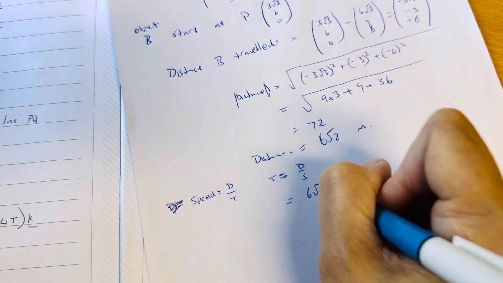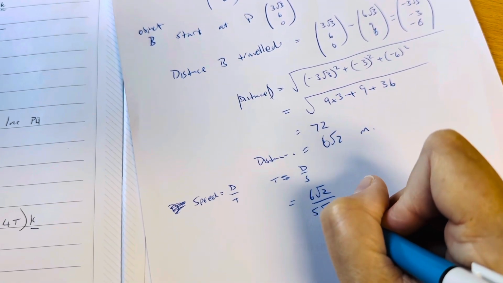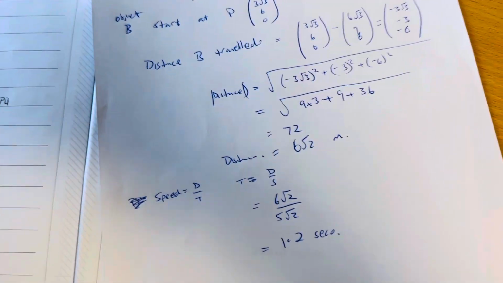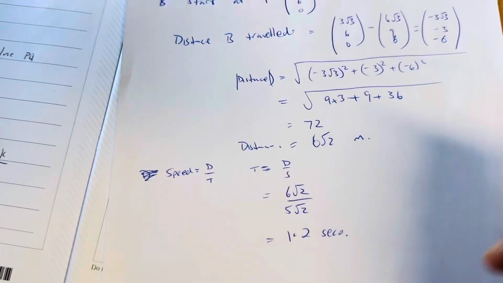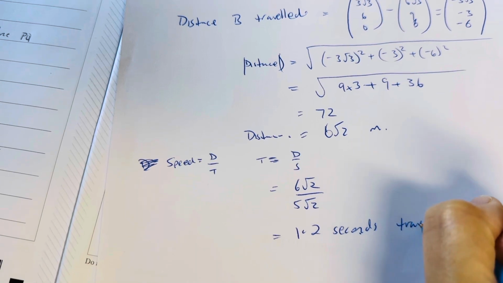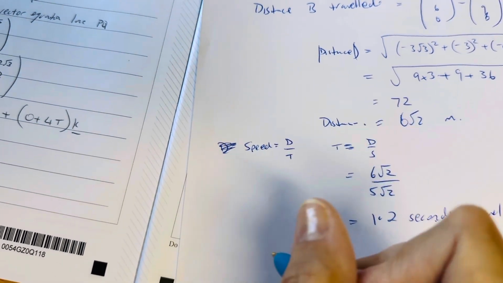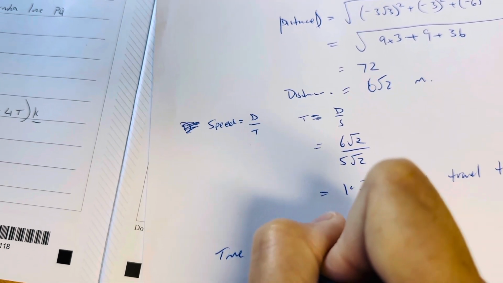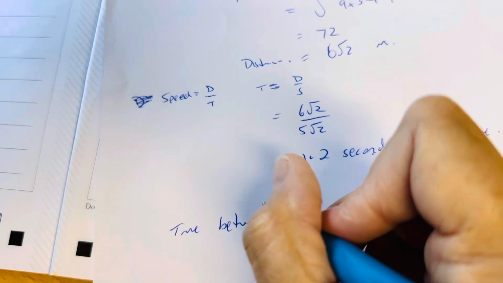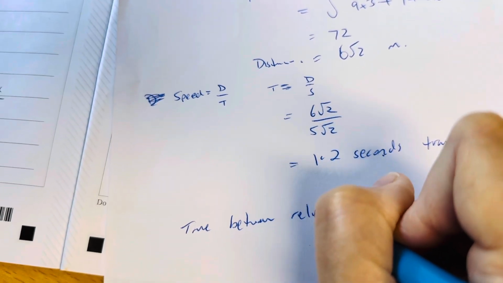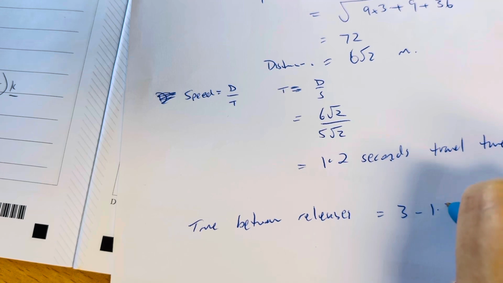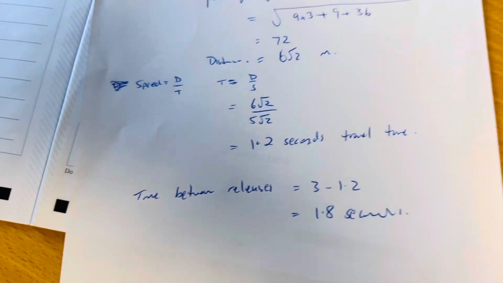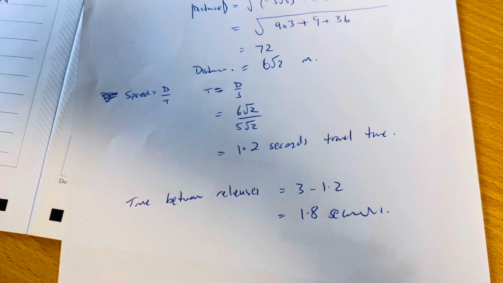So it's travelled 6 root 2 at a speed of 5 root 2, which gives us 1.2 seconds as its travel time. Now remember, the question here was the time between releases. So that's 3 take 1.2, which equals 1.8 seconds. And that's the answer we're after.